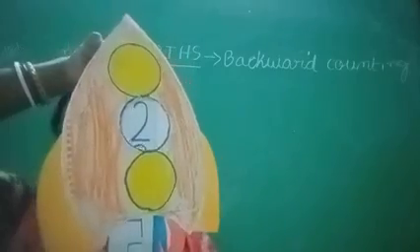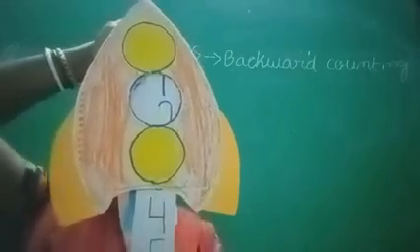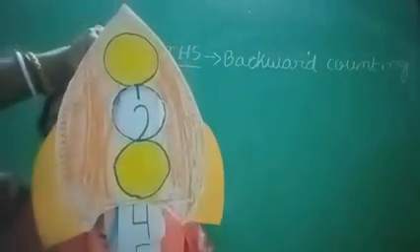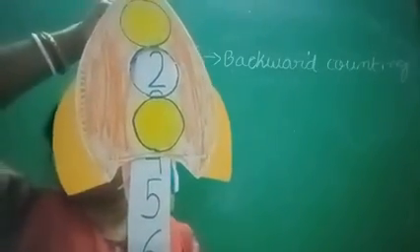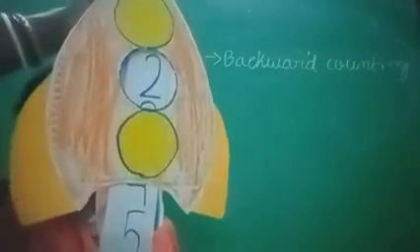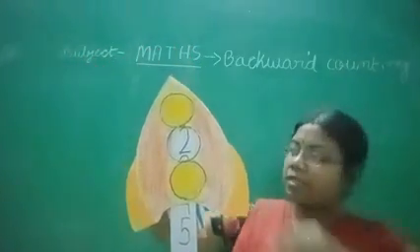Just see. So when we are going up, we count the numbers forwardly: 1, 2, 3, 4. But when all these are coming down, then we count the numbers from the back side.